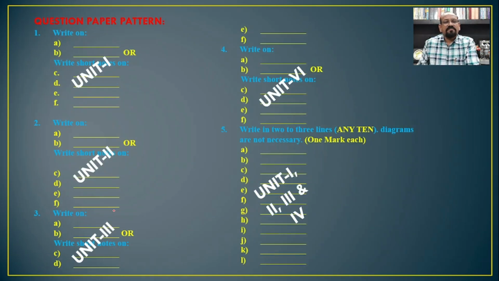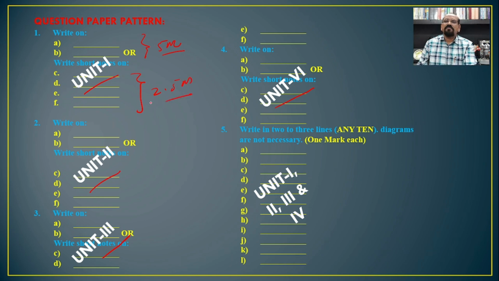As we have seen earlier also in last paper, the question paper is based on the different 4 units and consists of 5 different questions, of which question number 1 is based on unit 1, question number 2 on unit 2, question number 3 on unit 3, and question number 4 on unit 4. And every question is provided with 2 5-mark questions, and in option there are 4 2.5-mark questions.